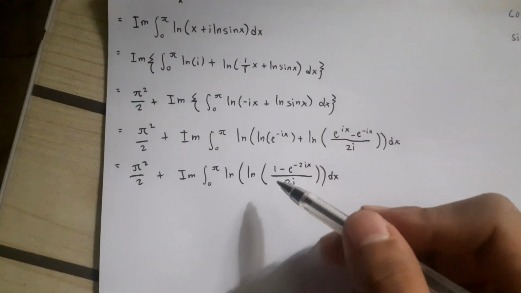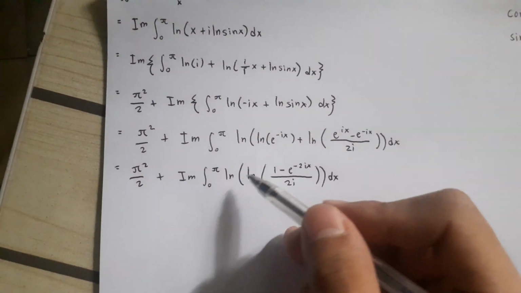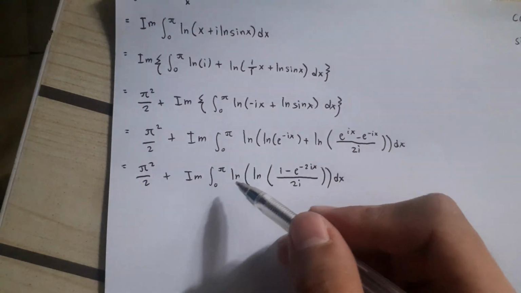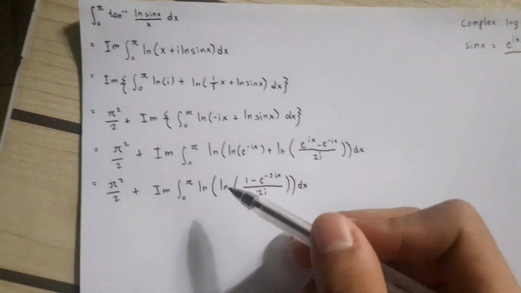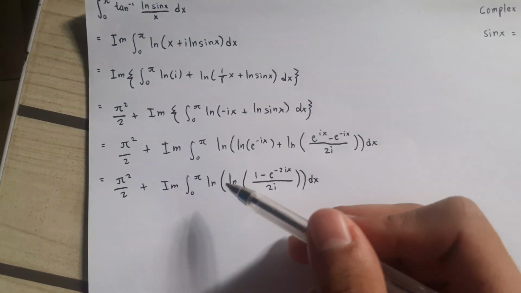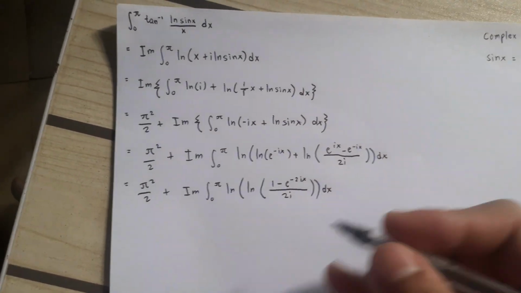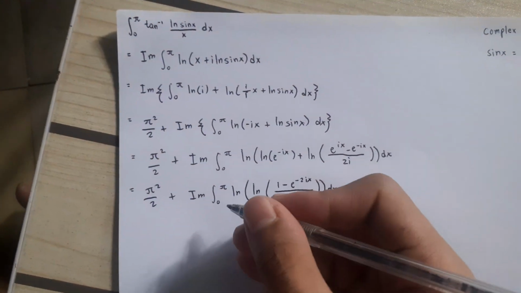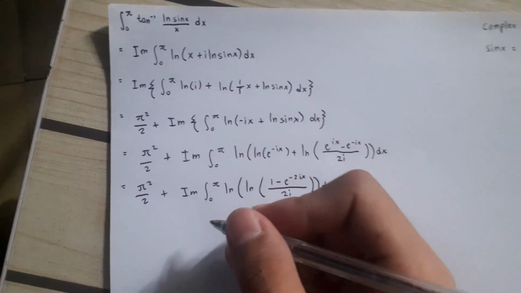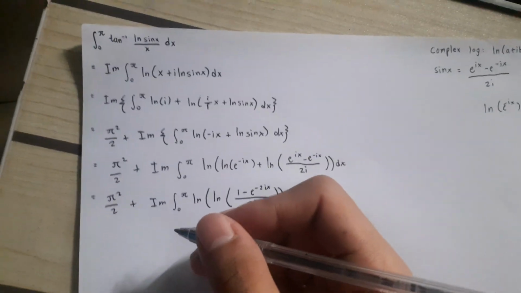Now, to get rid of this natural logarithm, we will use the partial derivative concept.